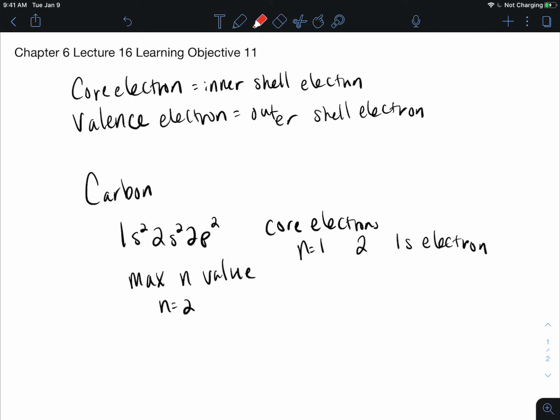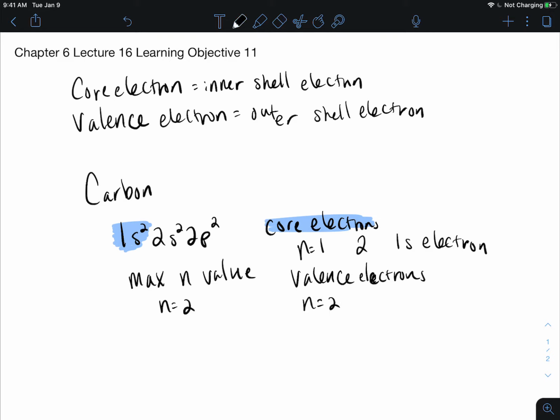So these are our core electrons right here. Our valence electrons are those with the max n value. And our max n value here is 2, so they're going to be our n equals 2 electrons.